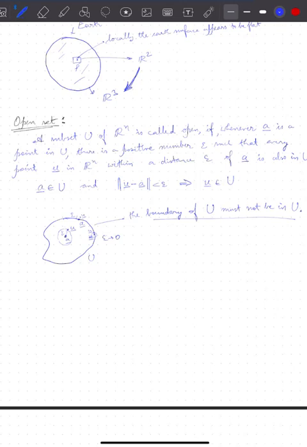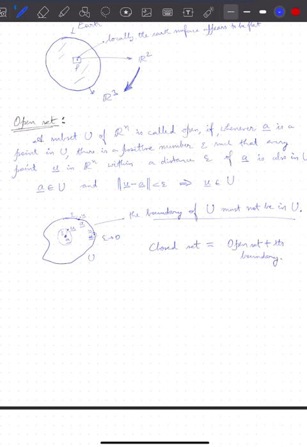And any set which is not open, in general, is a closed set. So in a closed set, the way we define a closed set is an open set plus its boundary. Then it becomes an open set.